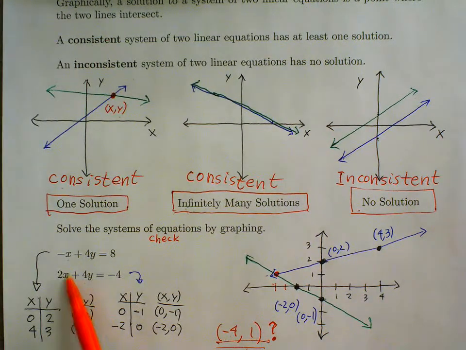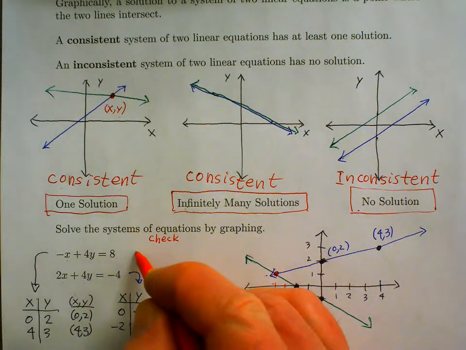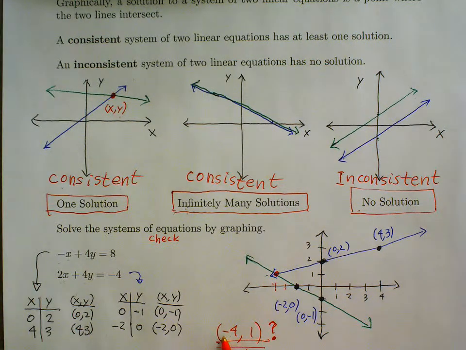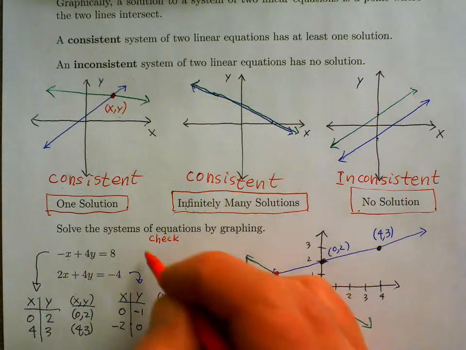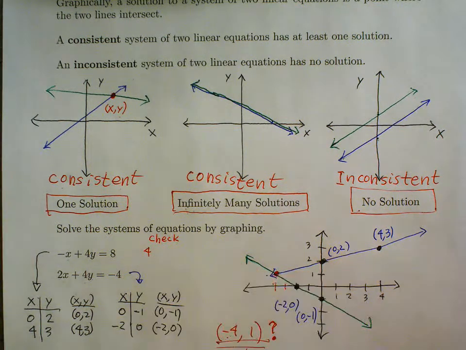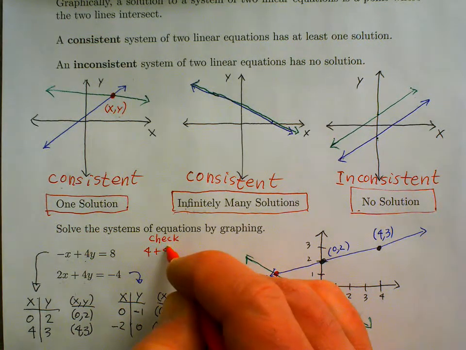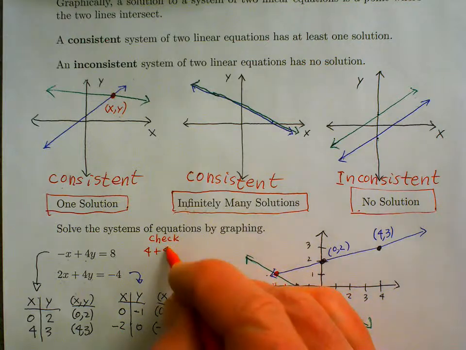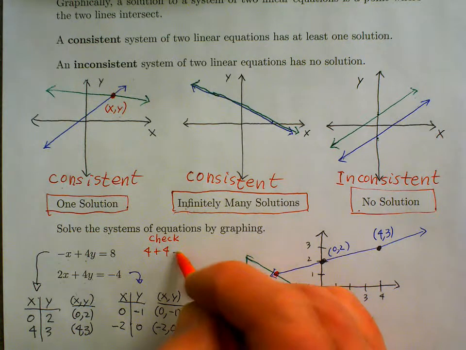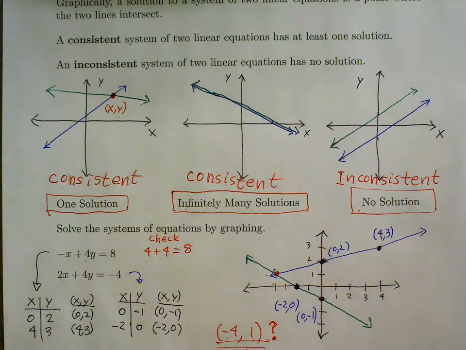So when x is -4, the negative of -x is the negative of -4, which is 4, and then plus 4 times 1 is 4. And does that equal 8?